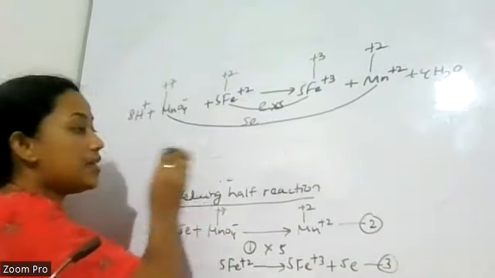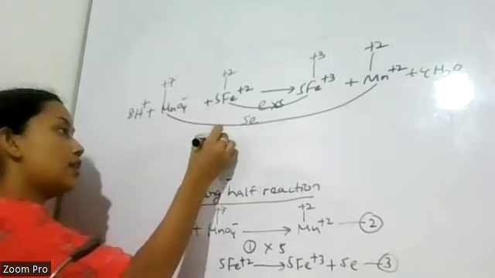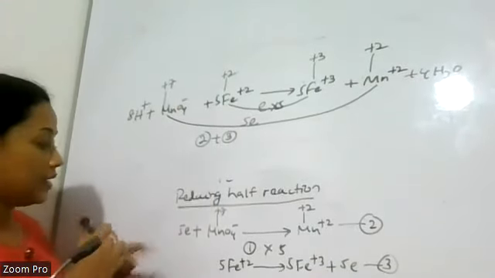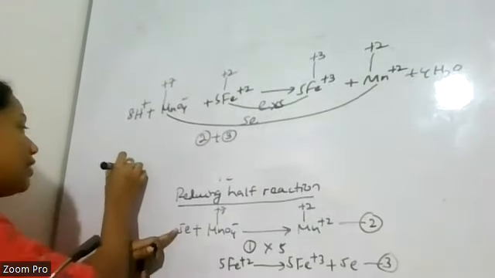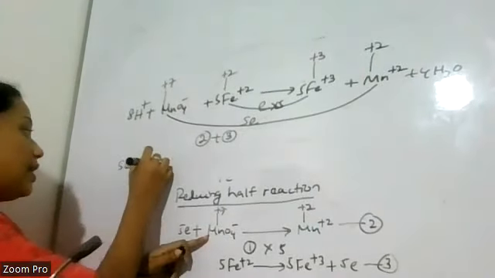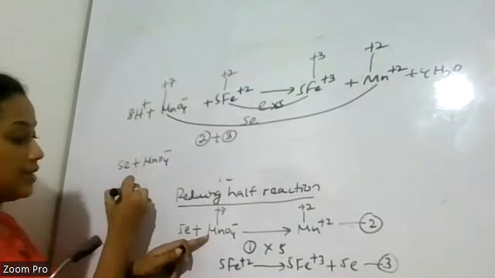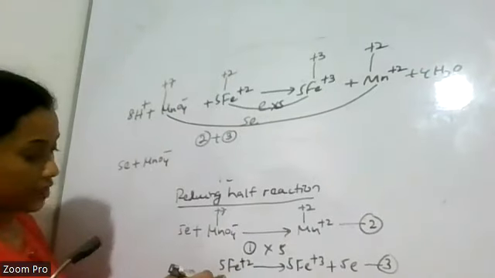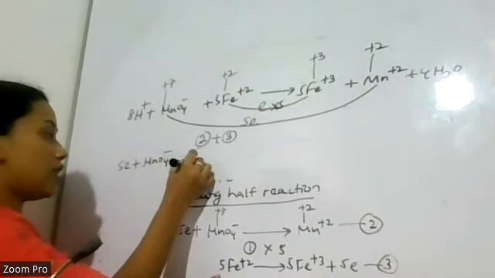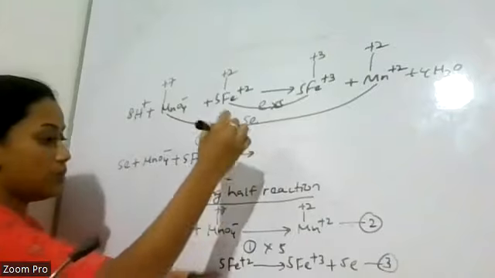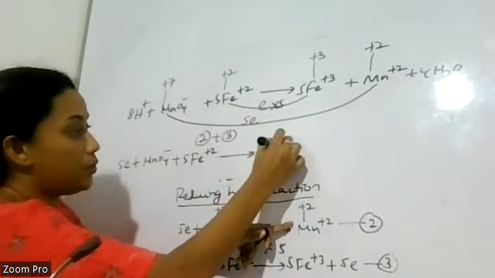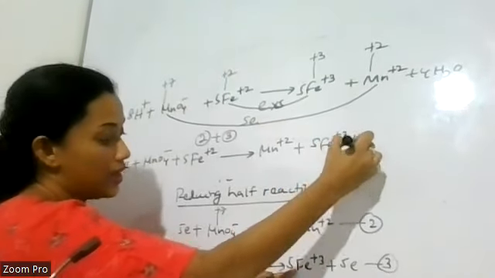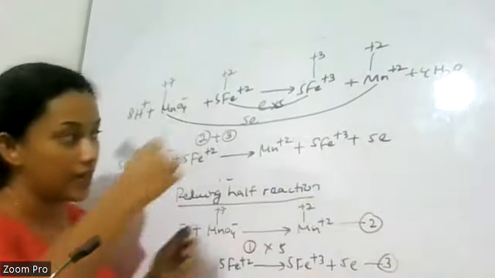The next step is 2 plus 3. Here 5 electrons plus MnO4 minus. The left species of the arrows should be added first. Here plus 5Fe2 plus into Mn2 plus, 5Fe3 plus, 5 electrons.